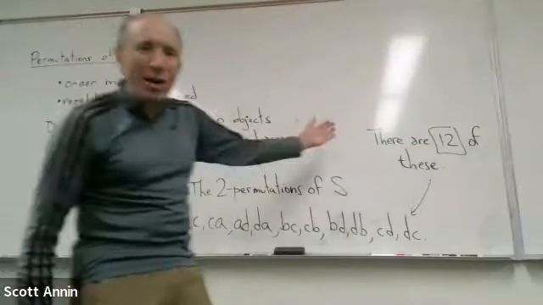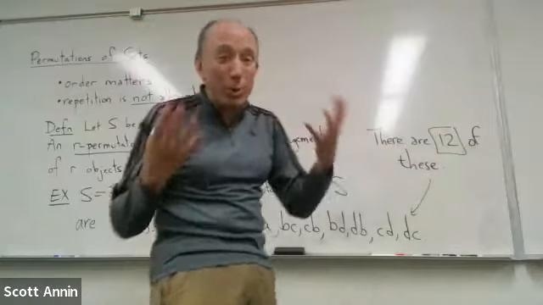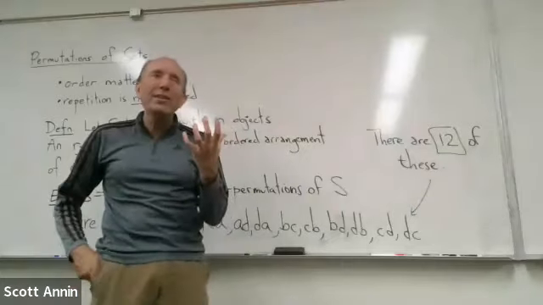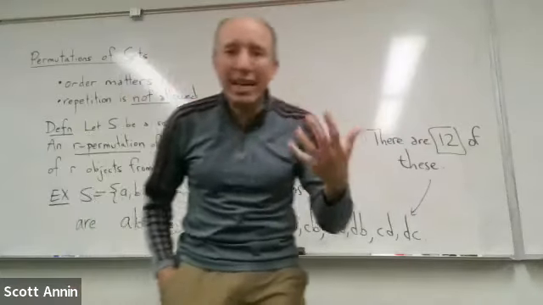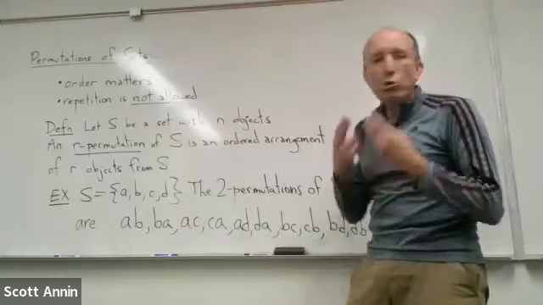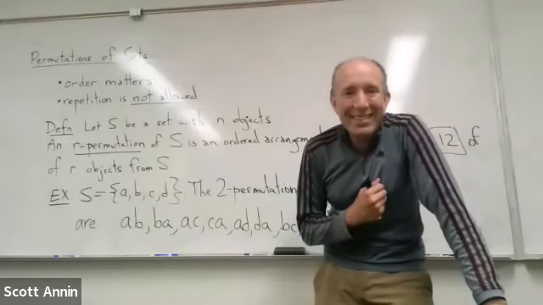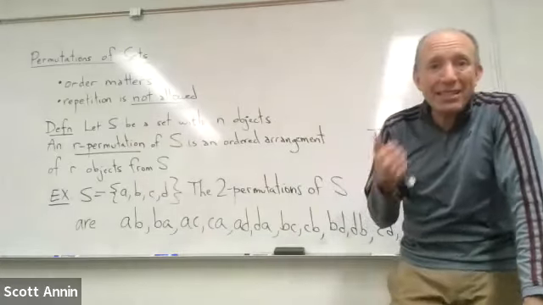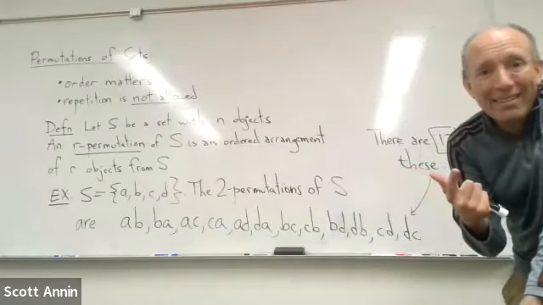You can actually derive that number from the multiplication principle, because we can imagine constructing a 2 permutation as being 2 tasks. The first task being to choose the first letter, the second task, choose the second letter.